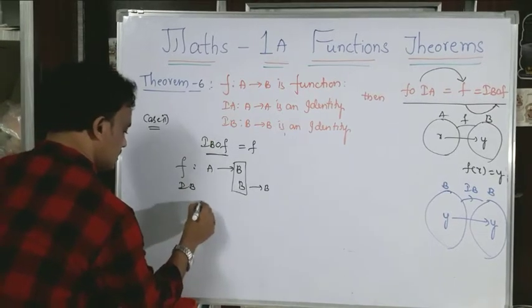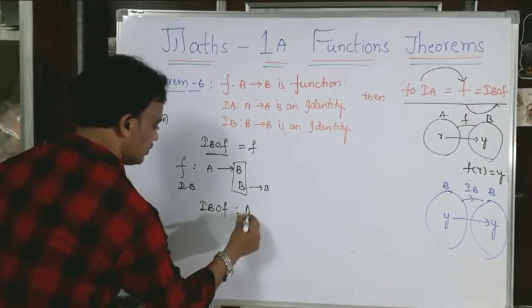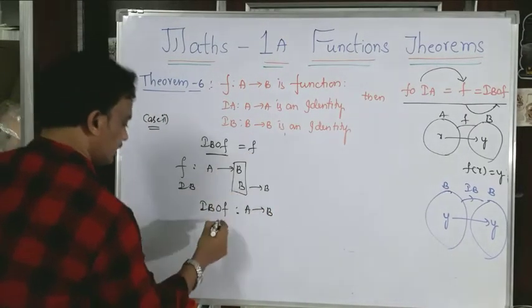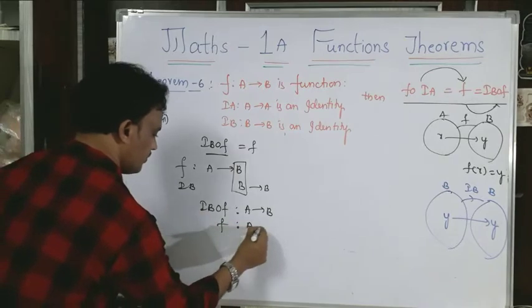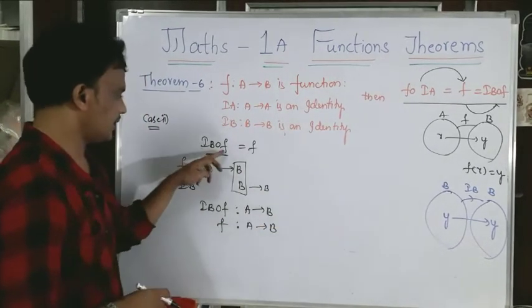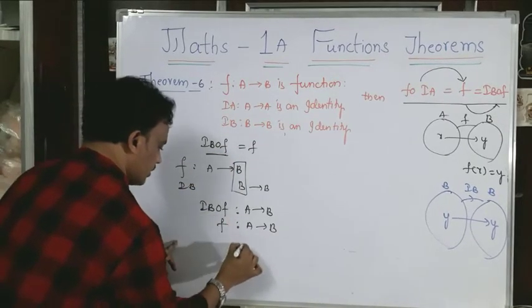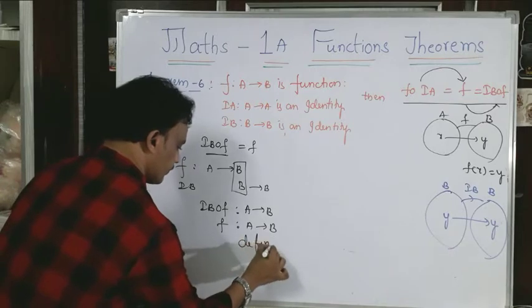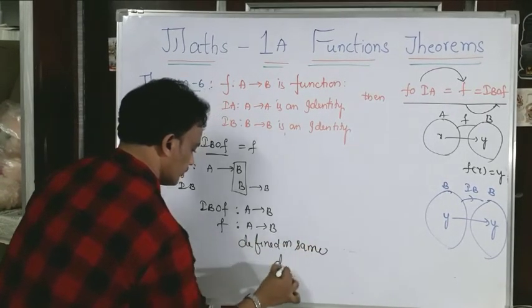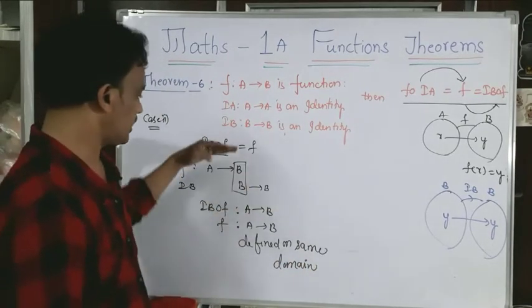IB circle F is defined from A to B, and the right side function F is also defined from A to B. So these two are defined on the same domain.